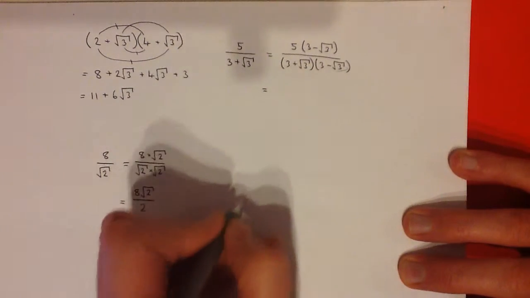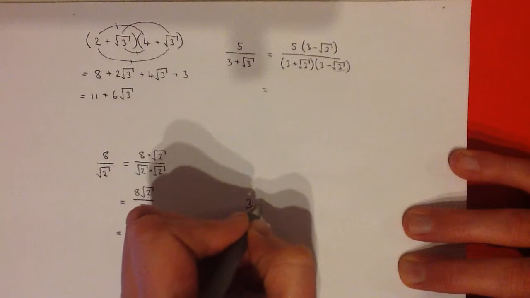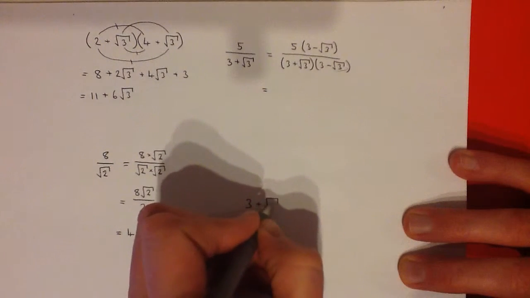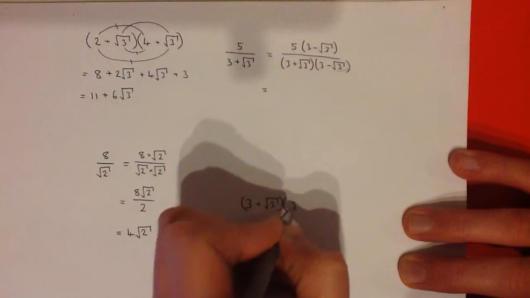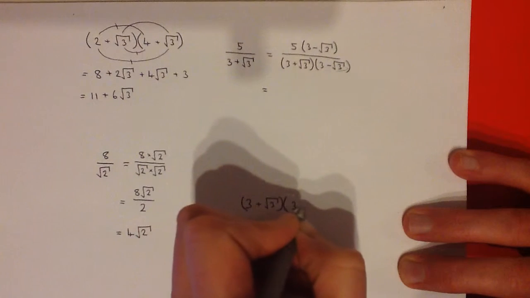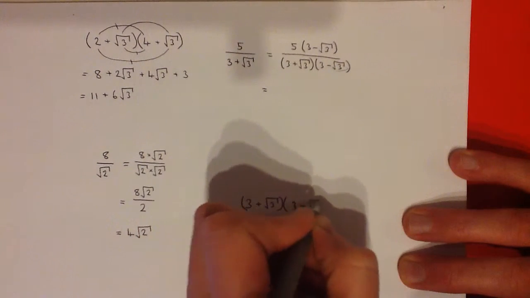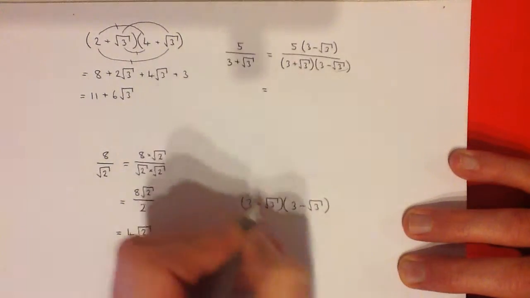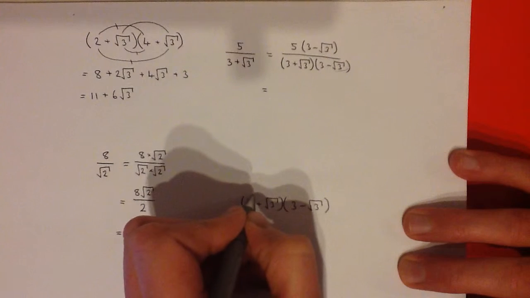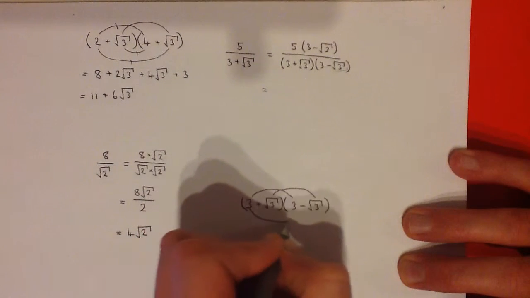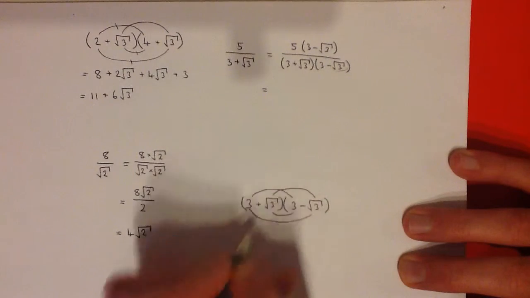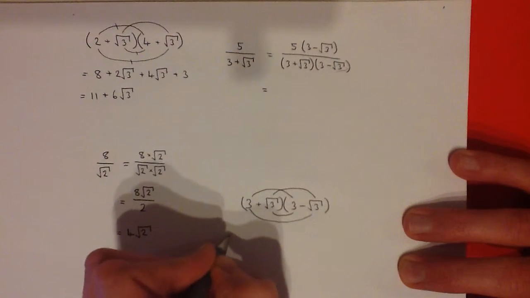So if we take these brackets down here for a moment, 3 add the square root of 3, 3 subtract the square root of 3. We've just taken that denominator down here to give us a bit more space. Multiply out using either the FOIL or the smiley face method, whatever method you prefer, and take this one step at a time.